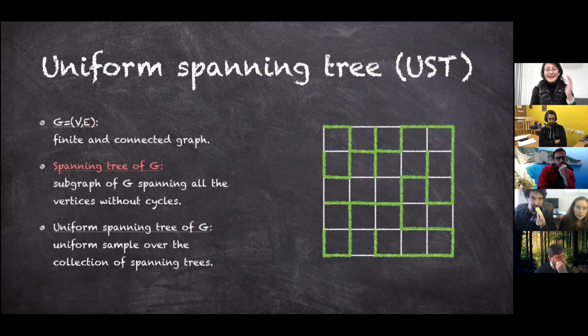So a spanning tree is a subgraph that passes through all the vertices without creating cycles, like the one I drew here. The collection of spanning trees is finite, so I can just assign uniform measure over it, and a sample from this uniform measure is a uniform spanning tree.